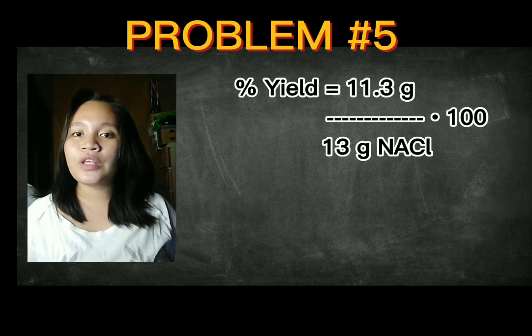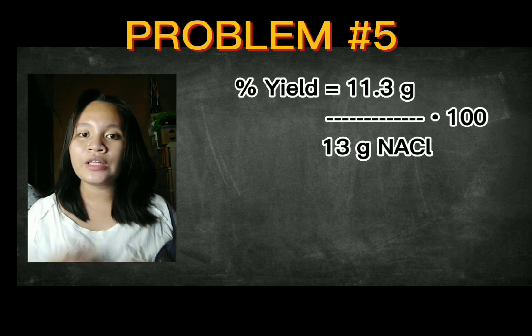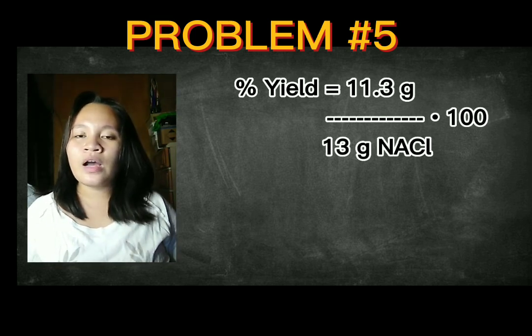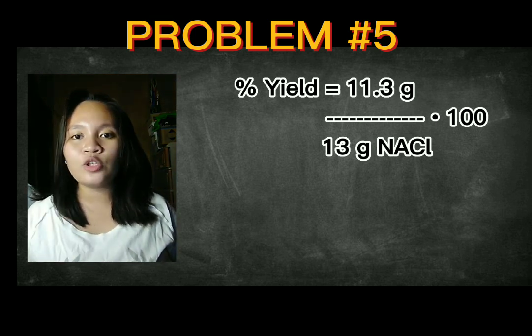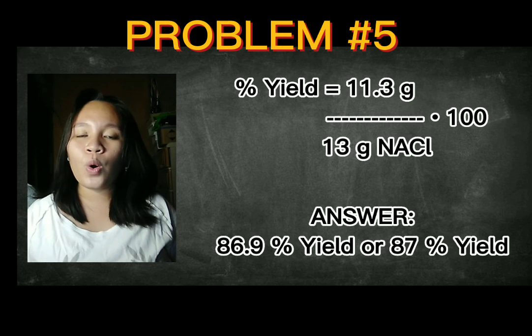So 11.3 divided by our theoretical yield, which is 13, times 100 is equivalent to 86.9% or 87% yield.